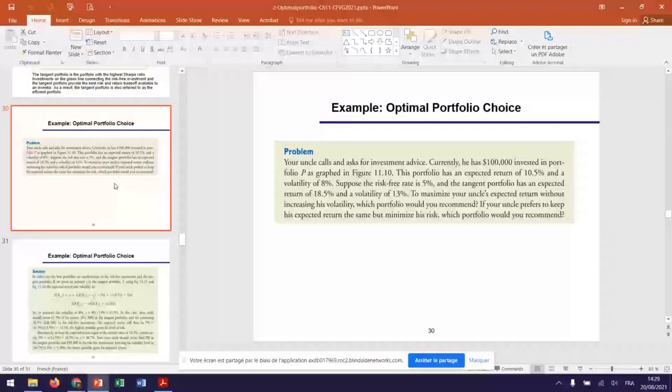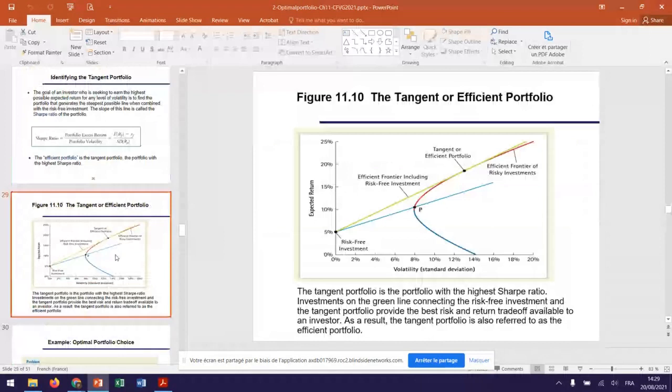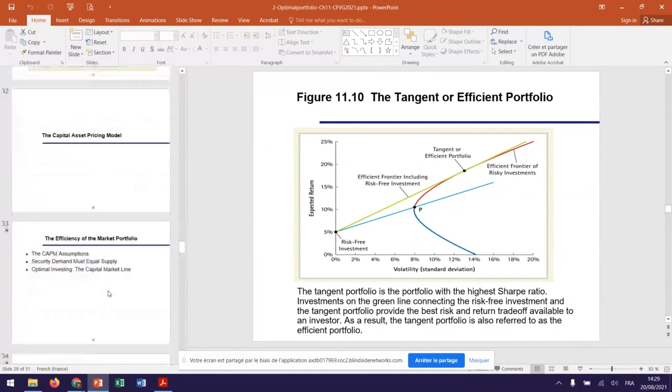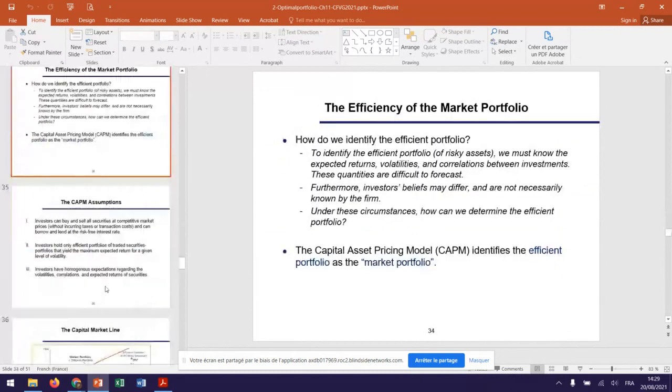And we ended by introducing how we can get this tangent or efficient portfolio in the real world. This is a theoretical portfolio that is difficult to measure. What we learned yesterday is that we can assume the efficient portfolio is the market portfolio.